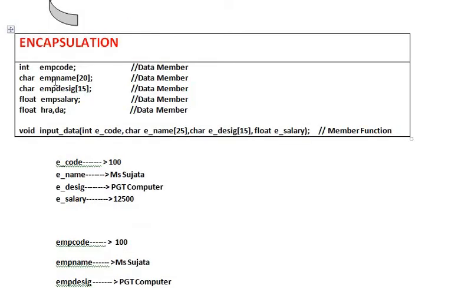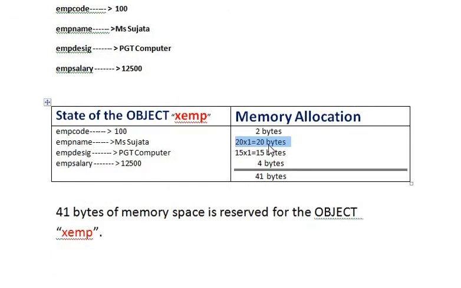This is because the data type of this data member emp_name is char and its size is 20. Since char takes 1 byte, 20 into 1 gives 20 bytes.